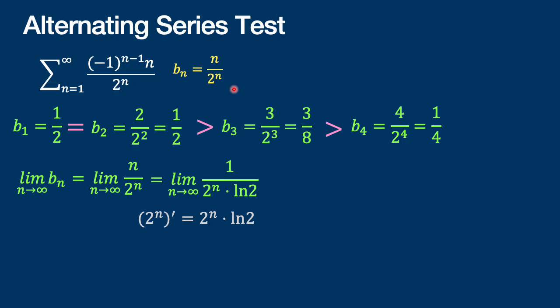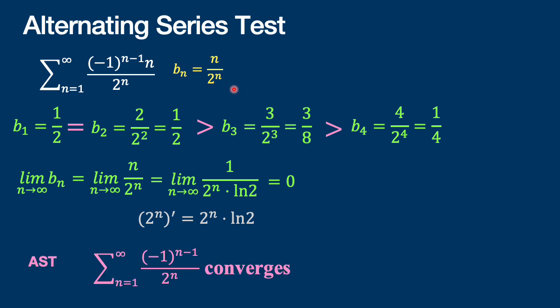As n is increasing, 2 to the n is also increasing, which means 1 over 2 to the n is going to 0. We proved two conditions, decreasing and limit of Bn going to 0. We're going to say this alternating series converges because of the alternating series test.